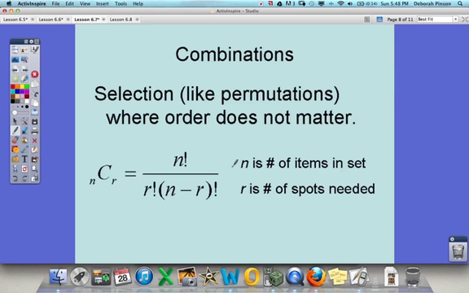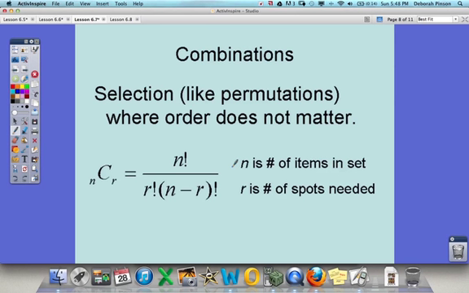So it's not like the first person chosen is any different than the third person who's chosen. That order doesn't matter. It's just they're chosen. So that's the difference between the permutations and the combinations.